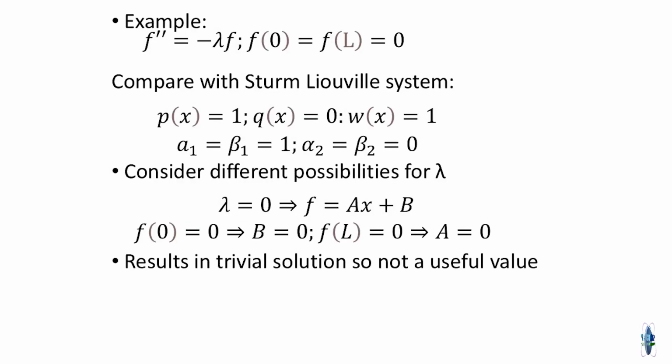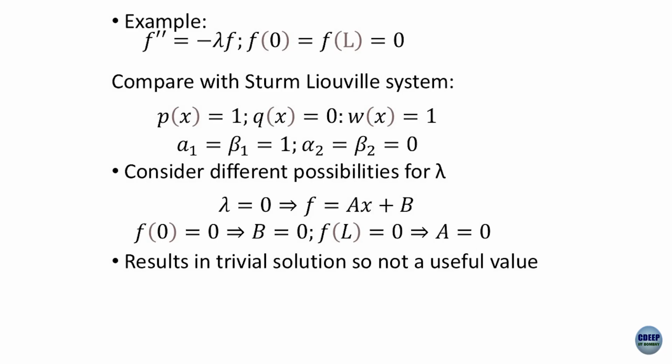Then we started looking at an example, and this was an example that had already shown up when we were looking at the heat equation. If we compare it with the Sturm-Liouville system, this is easily comparable, straightforward.